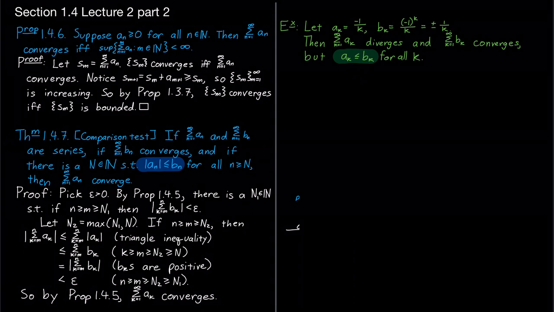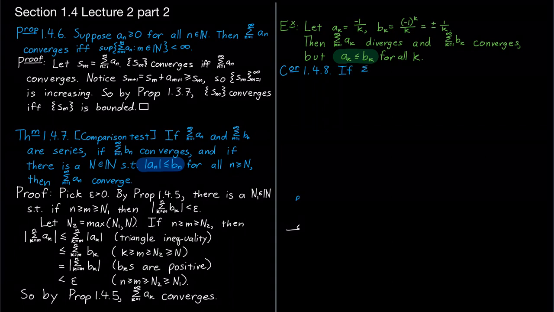So that's why this example is different. This is why we need the absolute value in Theorem 1.4.7. And here is a corollary to Theorem 1.4.7. This is basically just the inverse.